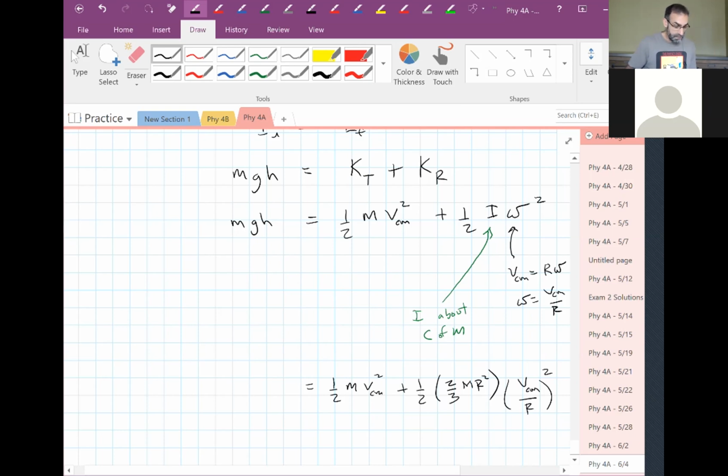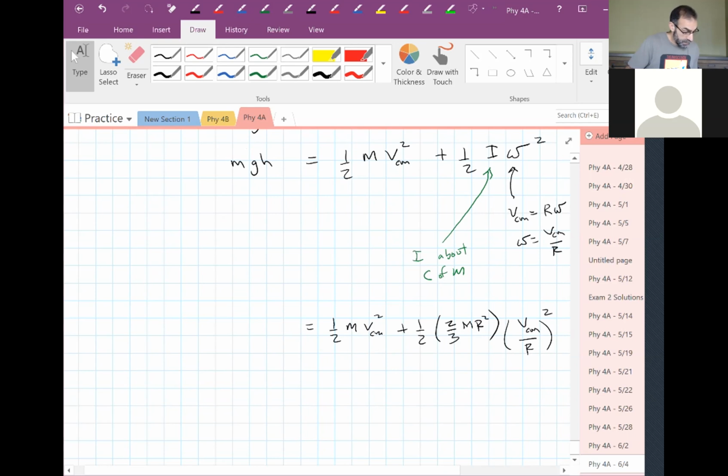That's squared. I get 5/6. And we can solve for v center of mass.